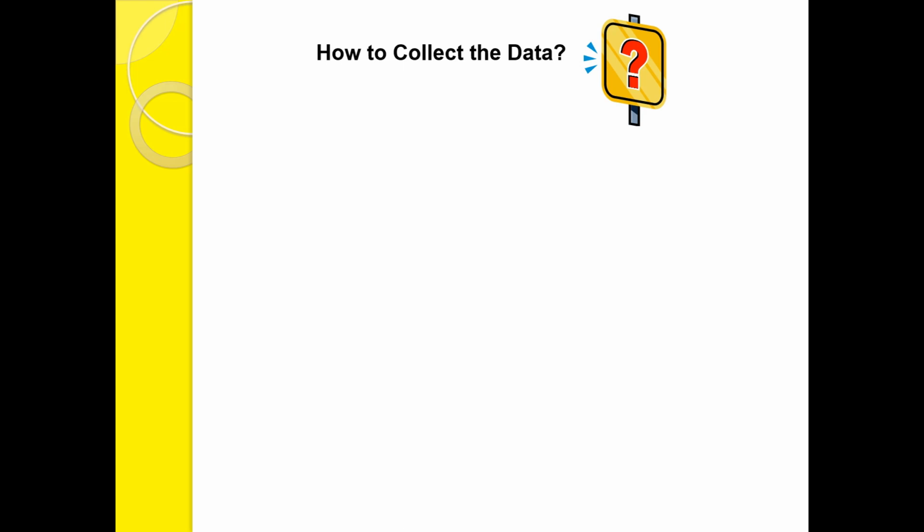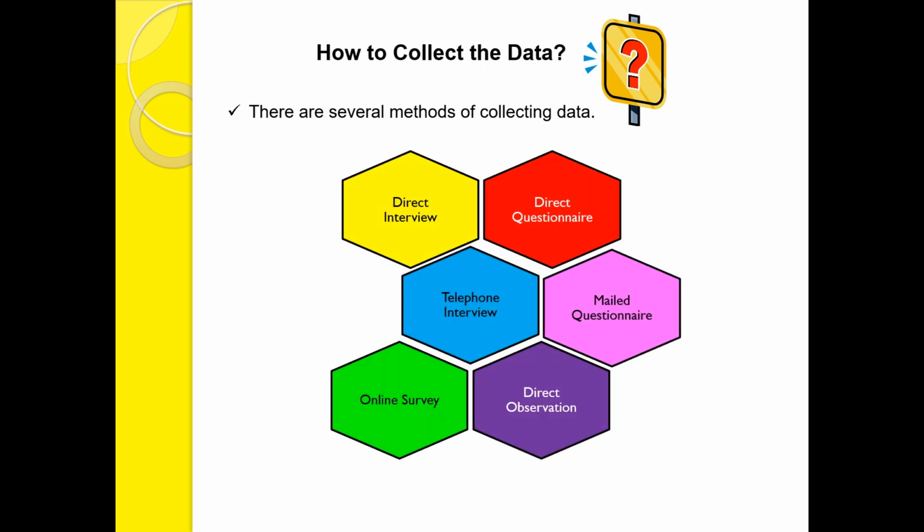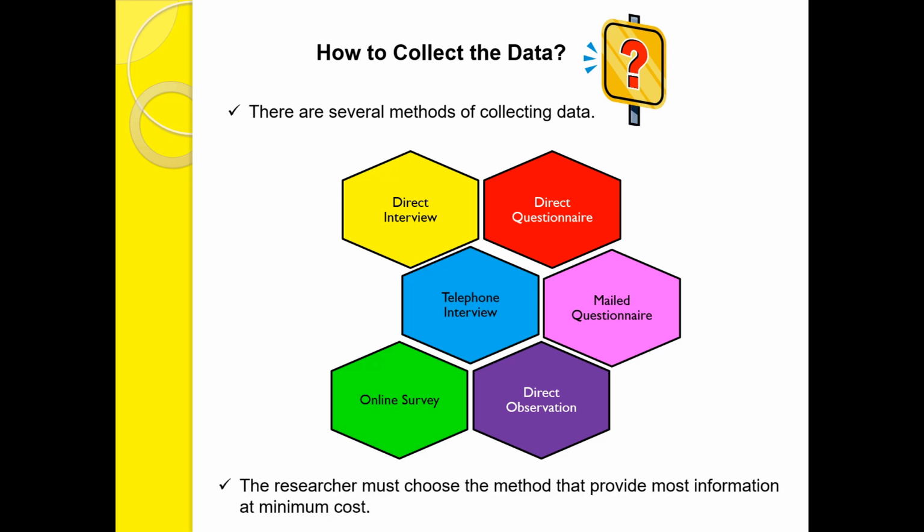Okay, after the researcher designed his questionnaire, how he want to collect the data? There are several methods of collecting data: direct interview, direct questionnaire, telephone interview, mail questionnaire, online survey, or direct observation. But the researcher must choose the method that provides most information at minimum cost.